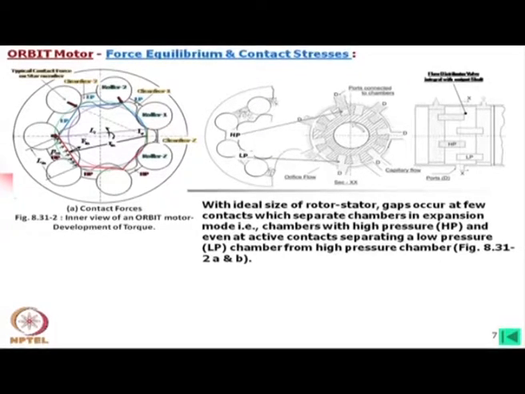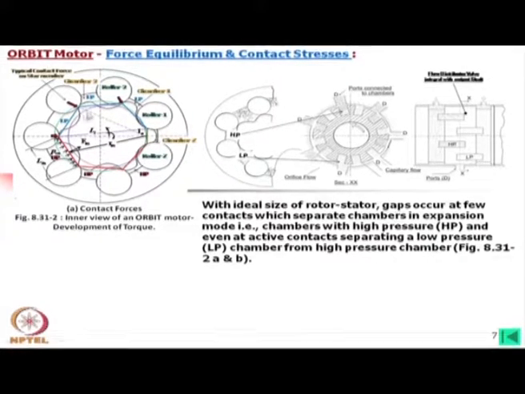Now, again looking into the direction of the force, we may find that some supports are not taking the load at all, and we will also see that a gap is generated. Now, say this is the high pressure side.